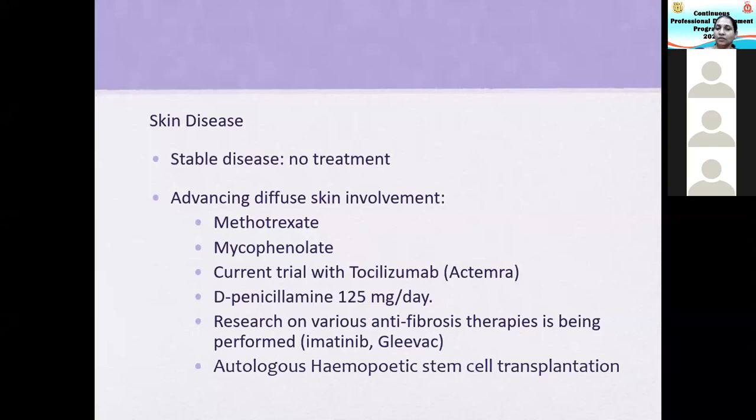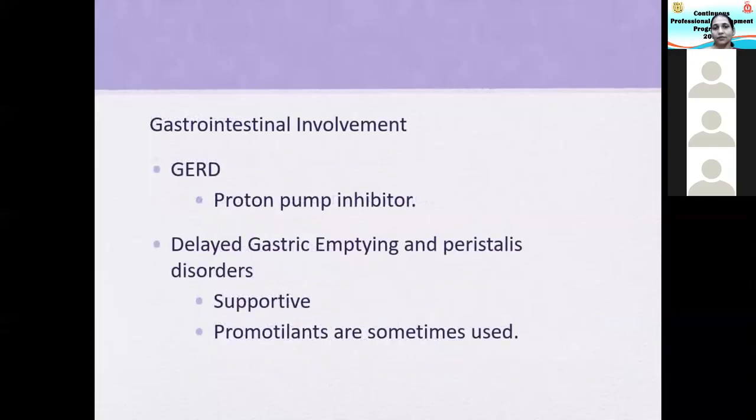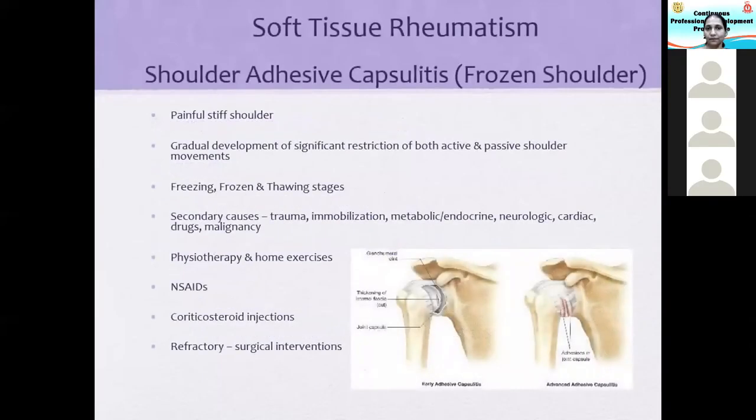Autologous hemopoietic stem cell transplantation has also shown good results in controlling the skin manifestations. In these patients, for gastrointestinal involvement, as I said earlier, proton pump inhibitors are used for reflux, and sometimes prokinetics can be used for the gastric emptying delays.